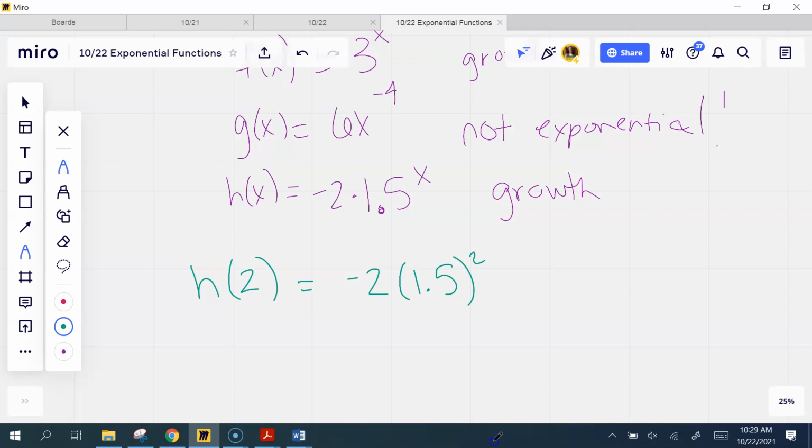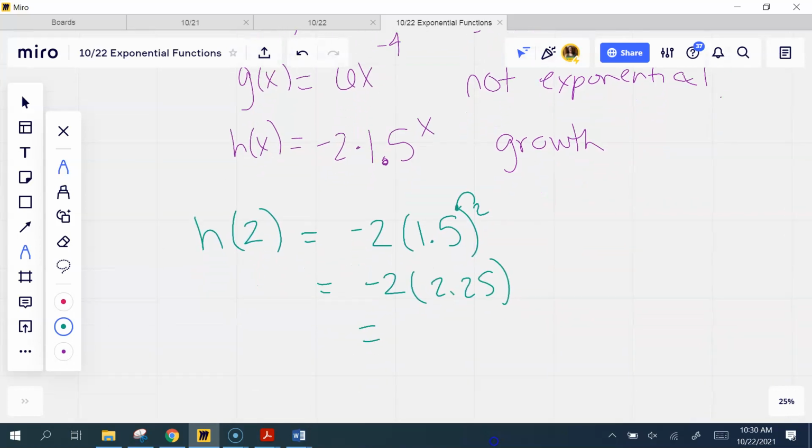Always exponent first. So I need to do 1.5 to the second power first. Somebody with a calculator tell me what that is. Is that 2.25? Okay. And then times negative 2, 4.5. Everybody okay there?